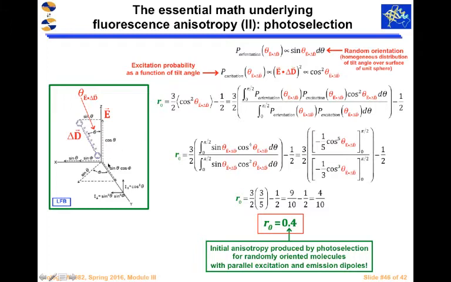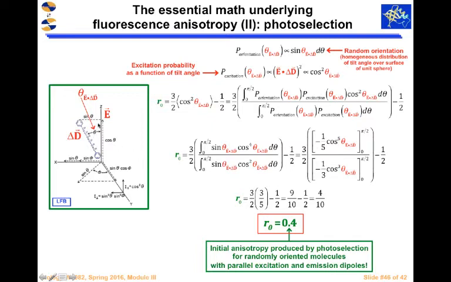If we take a solution of molecules, they're going to have a random orientation, and therefore their transition dipole moments will have a random orientation. Suppose this is our conceptual cuvette, and we excite the fluorophores in this cuvette with the electric field of light polarized in this direction. In the cuvette, the molecules will have all random orientations relative to this electric field vector, and that means their transition dipole moments will have a random distribution relative to it.